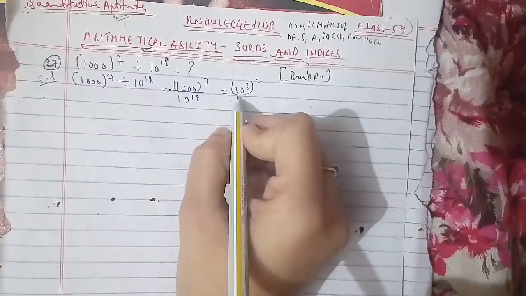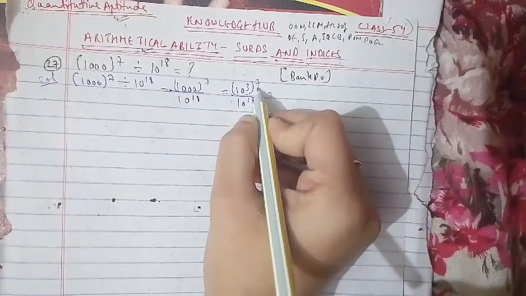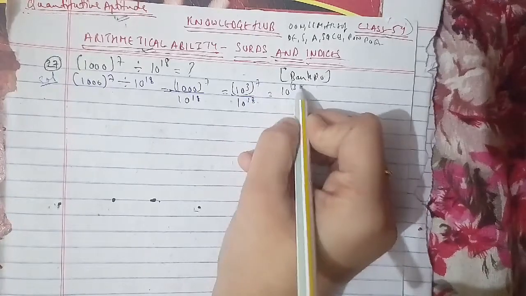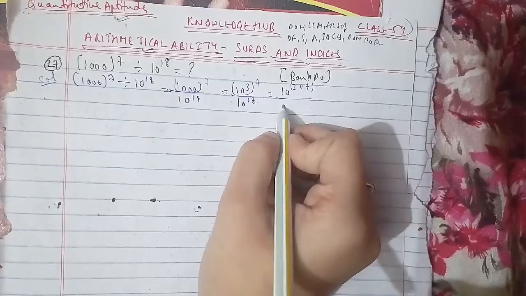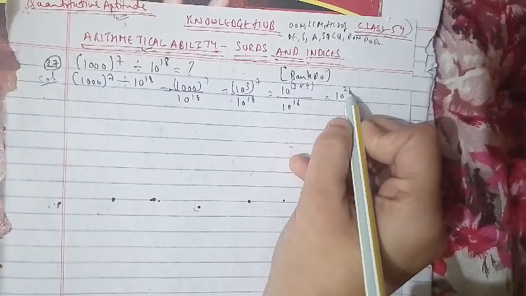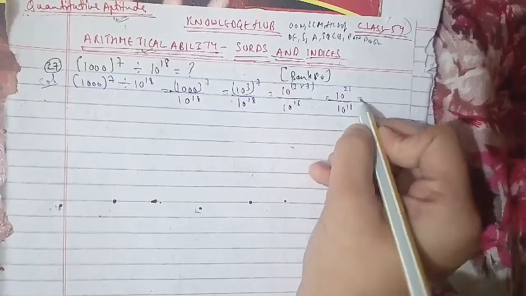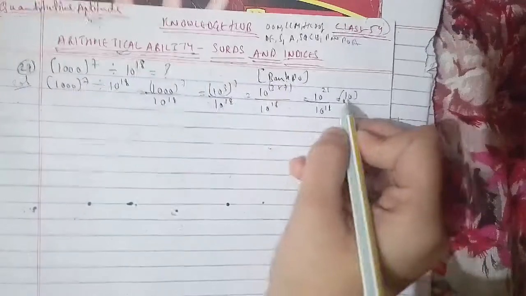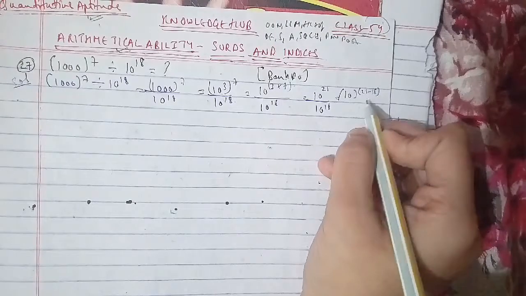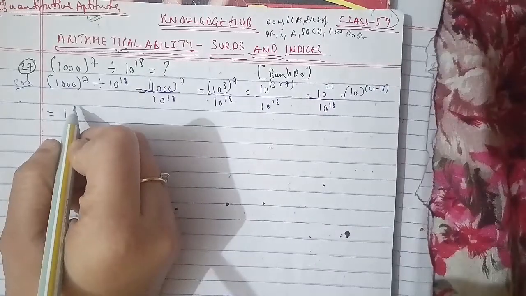That is 10 to the power 3 into 7 upon 10 to the power 18. 7 threes are 21, so 10 to the power 21 upon 10 to the power 18. It becomes 10 to the power 21 minus 18, which is 10 to the power 3, which equals 1000. So the answer we get is 1000 for this question.